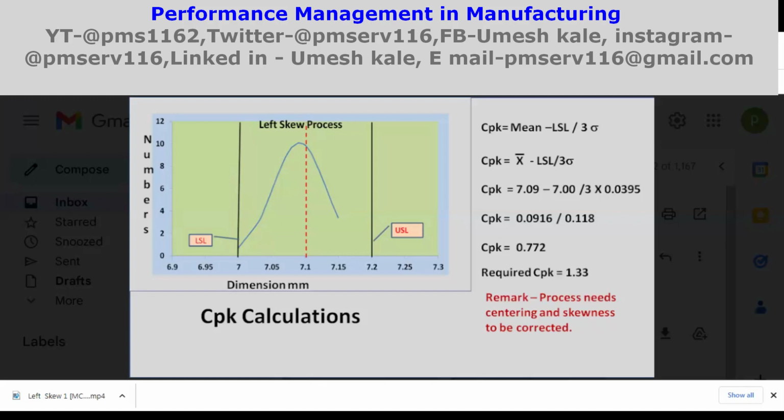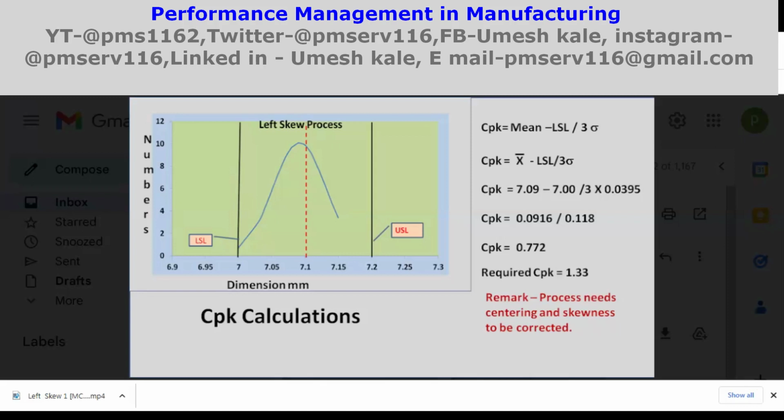In the CPK calculation we are observing the mean value is 7.09 and the LSL is 7 mm and 3 sigma is 0.0395. The calculation comes to the value of 0.7772. The ideal requirement for the CPK is 1.33.